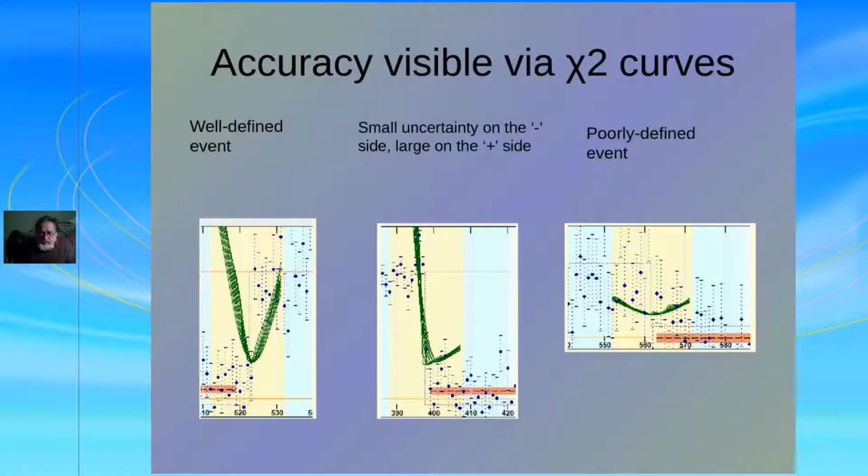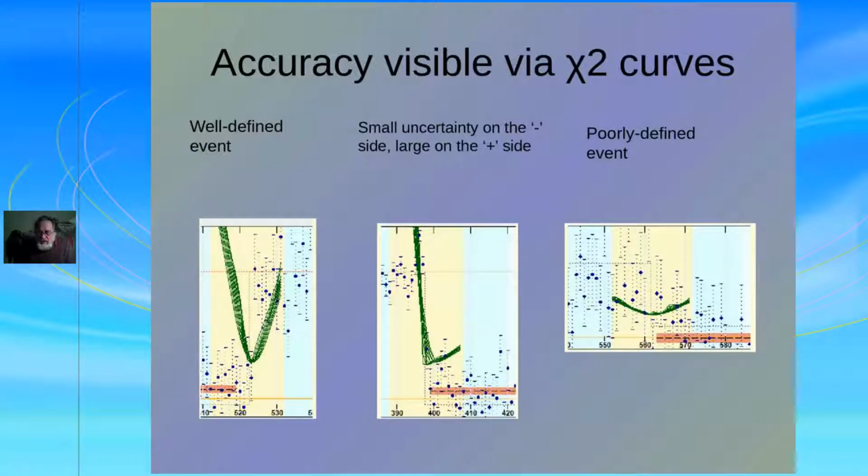The middle light curve is surprisingly common, where it's effectively saying, well, it's an asymmetric light curve, and you can say, well, the event was definitely not before this, but it could be a little bit after. There's some indefiniteness on the after side.